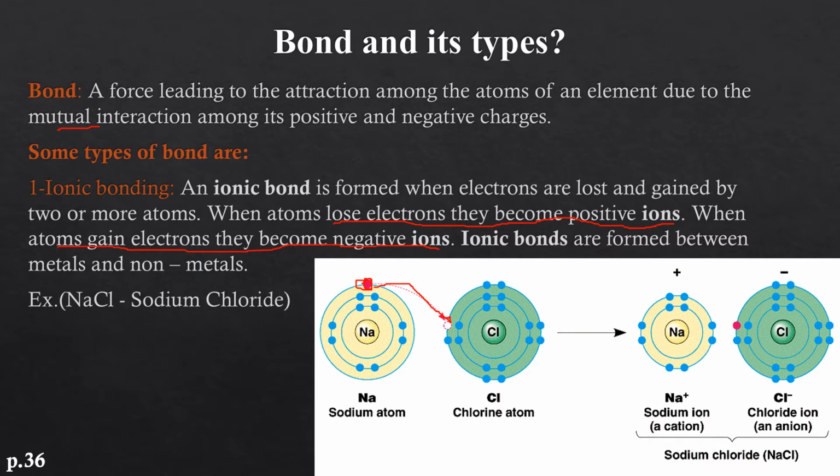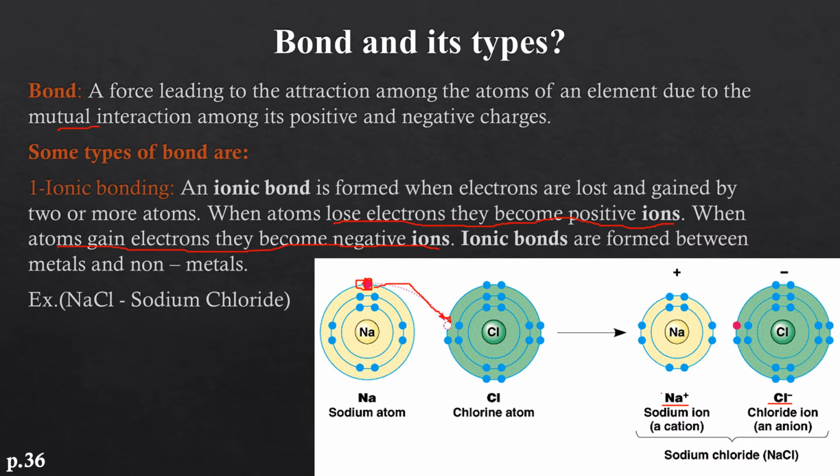It will become NaCl, where Na will be a positive ion since it lost one electron, and Cl, the chloride ion, will be a negative ion because it gained one electron from Na.